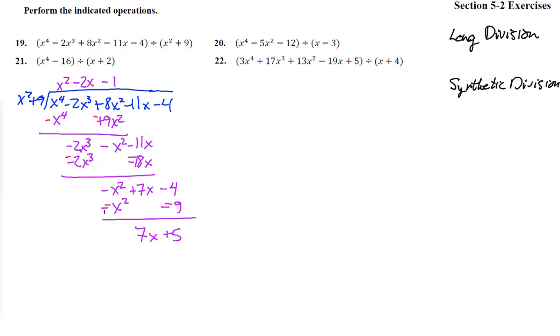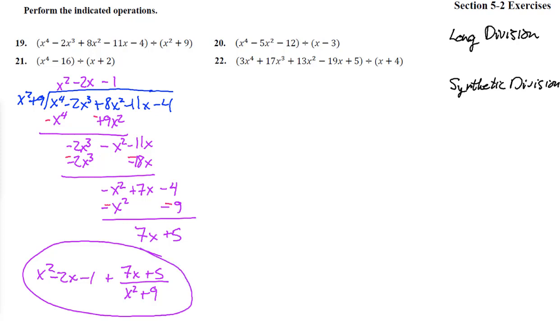That's a remainder. x squared can't go into that. So we get x squared minus 2x minus 1 plus the remainder of 7x plus 5 over x squared plus 9. Wow, that's an odd looking duck for an answer, but that's it.